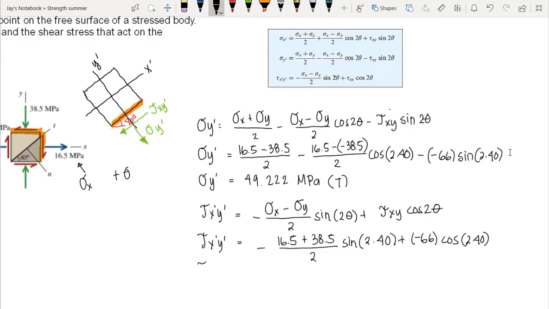Then our transformed shear stress is equal to negative 38.543 megapascal.